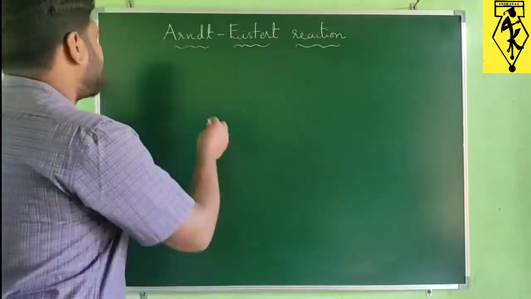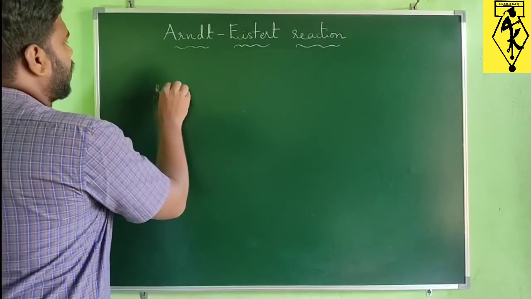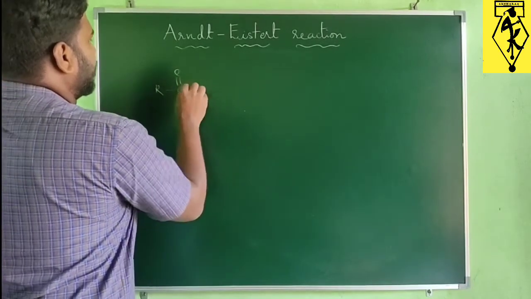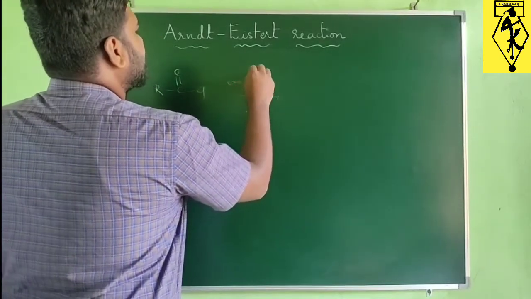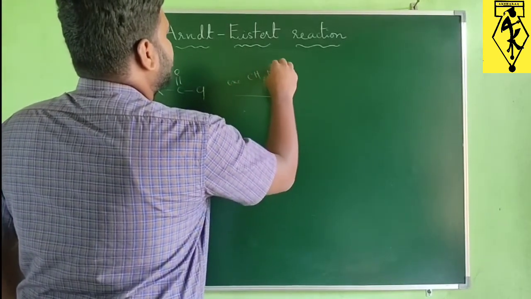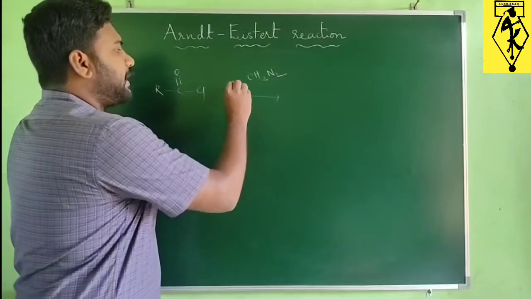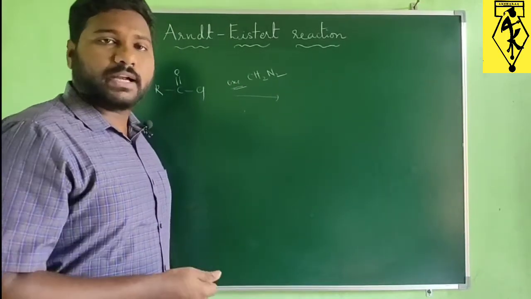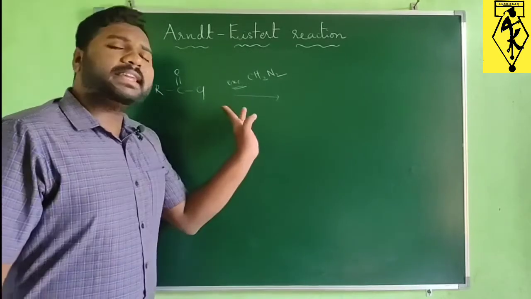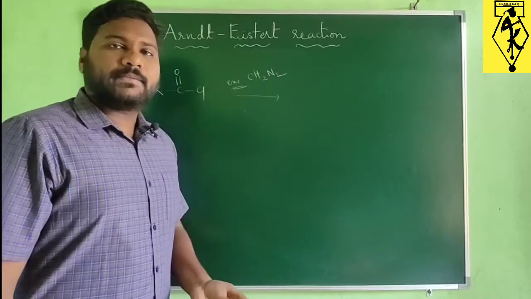We'll see the step. So acid chloride, R-COCl, with excess diazomethane. We require excess diazomethane, at least 2 moles of diazomethane. This is because in this step HCl is going to be released.